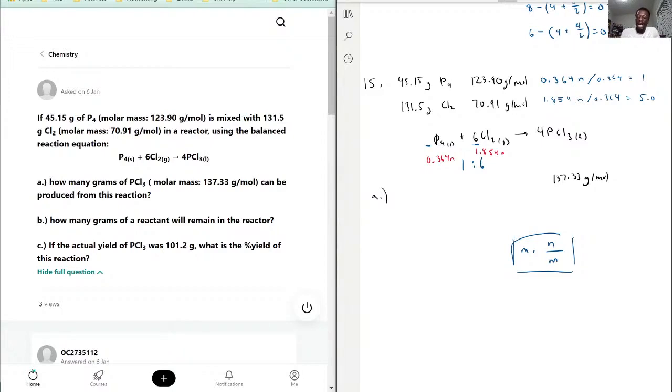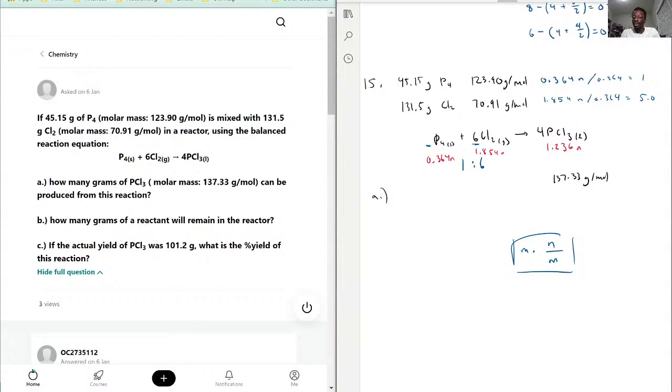Sorry, I definitely did not need to do that. I need to actually use the 1.854, not the 5, because the 5 was just for the ratio. So it'll be 1.854 divided by 6 times 4. And we get 1.236 moles produced, okay?